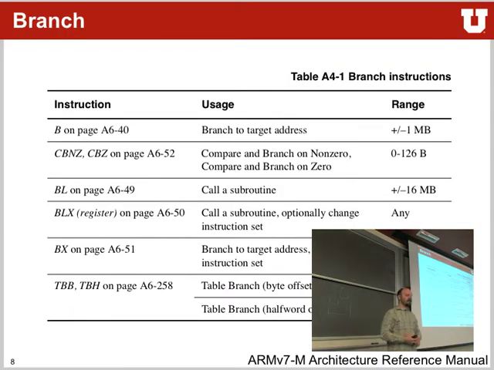We talked last time about the branch instruction, and this time I bring it up again because I want to look more at the encoding of these different things. We have the encoding of B that can jump plus or minus 1 megabyte. Other functions can only go up to 128 bytes, others go up to 16 megabytes, and so on. We talked last time about why this is the case.